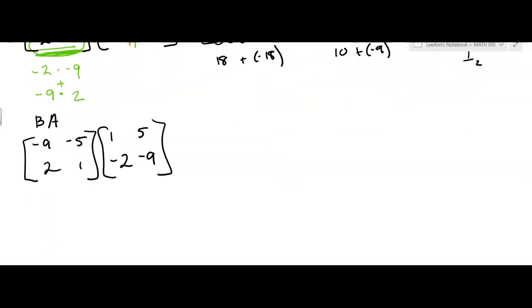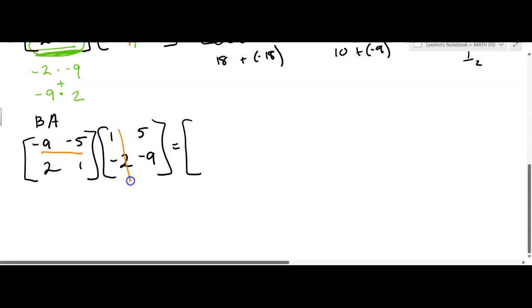Let's see what happens. Put my bracket there. So first row, first column, -9 times 1 plus -5 times -2. Okay. First row, second column, so -9 times 5 plus -5 times -9.